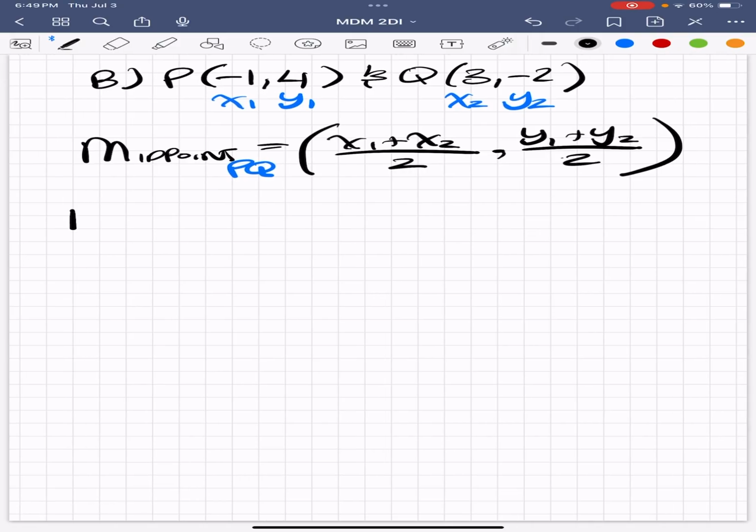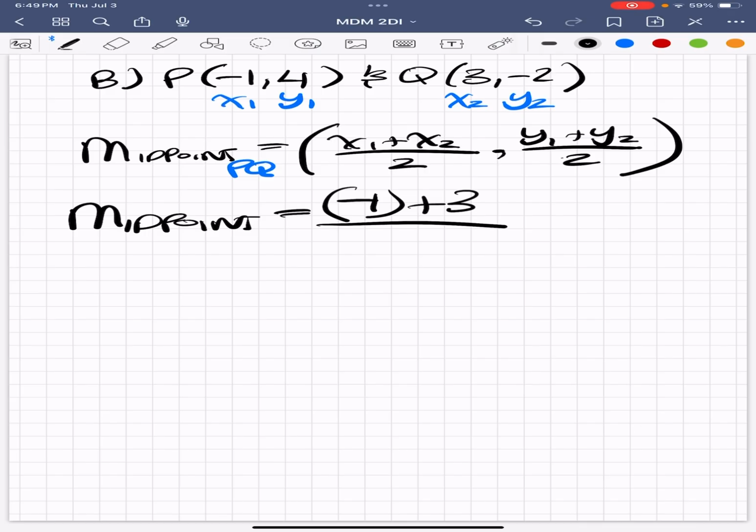So we're going to go with M, the midpoint, equals, so we have x1, negative 1, plus 3 over 2, comma, and then we have y1, which is 4, plus negative 2 over 2.